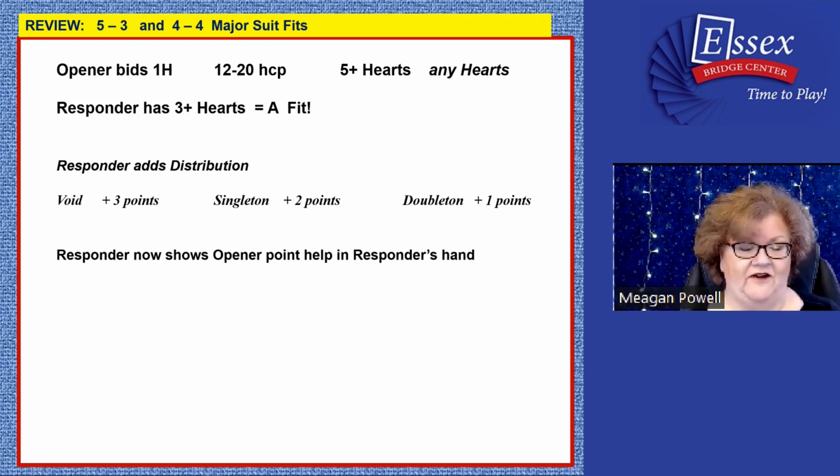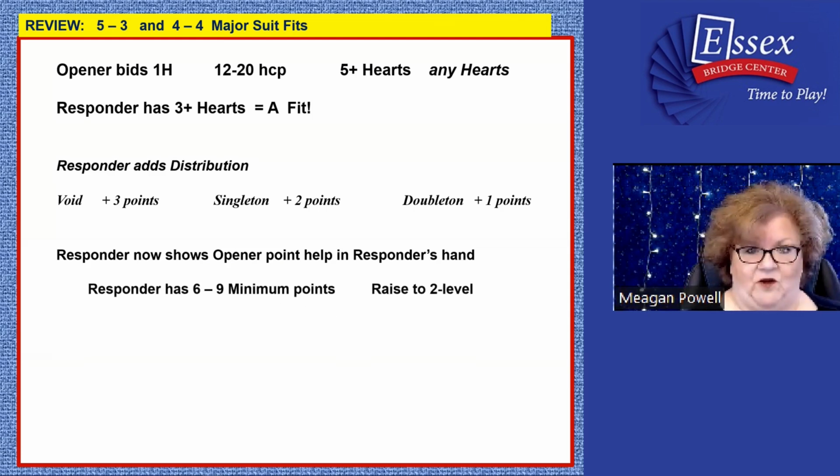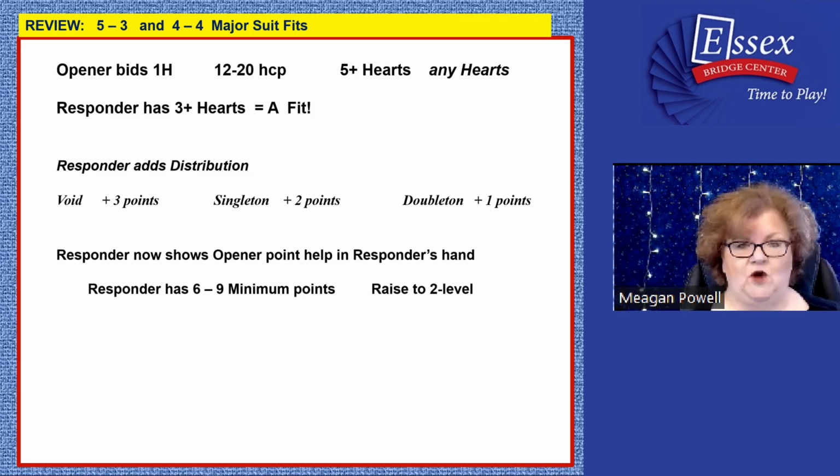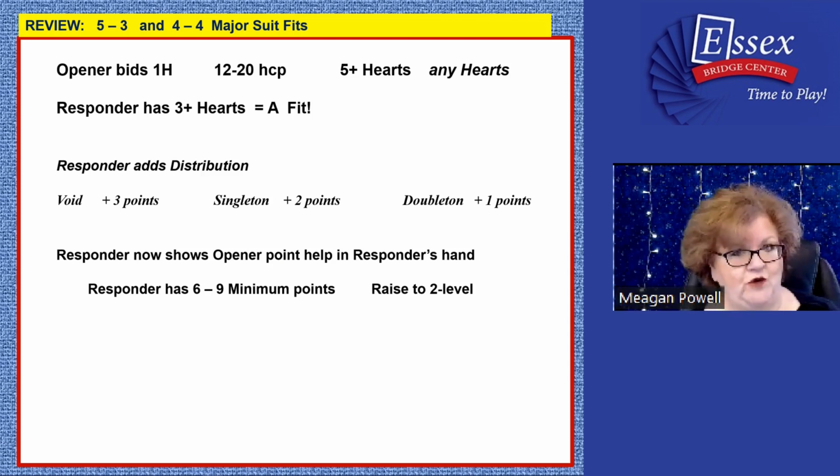Your responding hand either has a little bit of help, 6 to 9, and we call that minimum amount of help. With 6 to 9 points opposite 12 to 20 in the opener, you're only going to raise a little bit, to 2 hearts. Remember, opener has 12 to 20, and you don't know whether opener has 12 or 20.